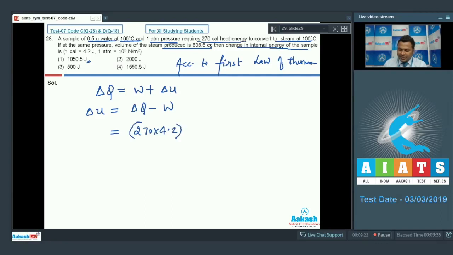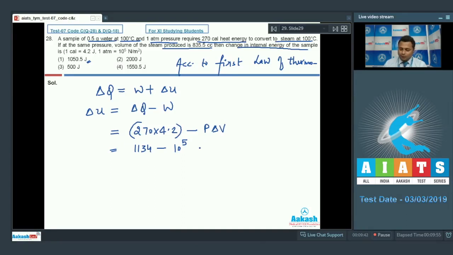Work done is pressure multiplied by change in volume, P delta V. So 270 into 4.2 gives 1134 joule, minus pressure of 1 atmosphere, that is 10 to the power 5 Pascal.